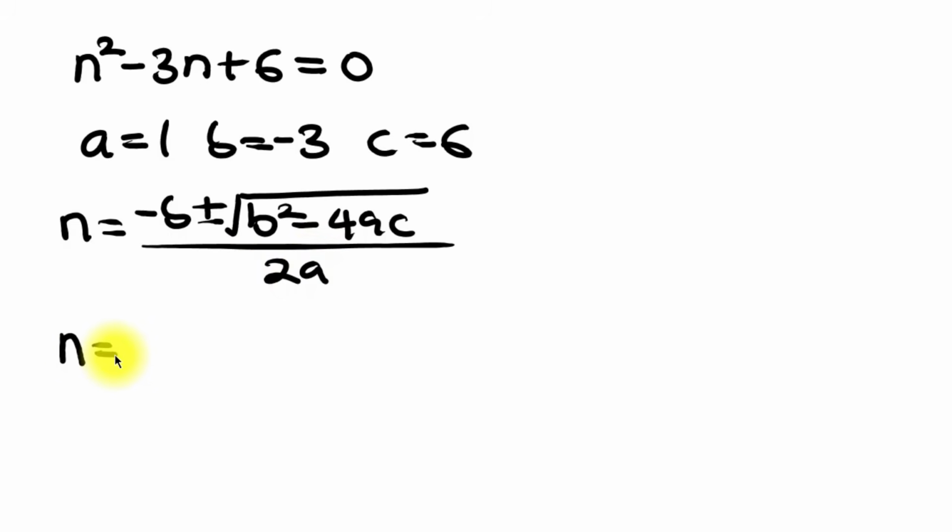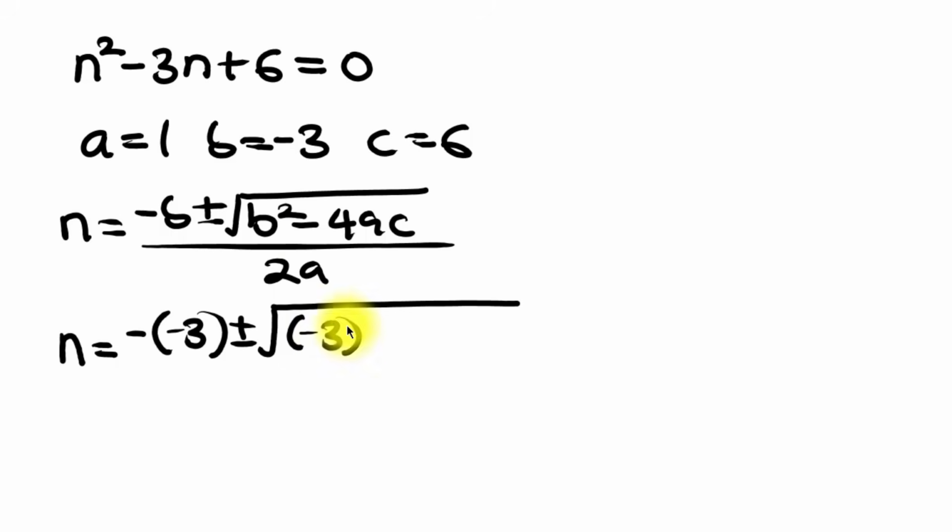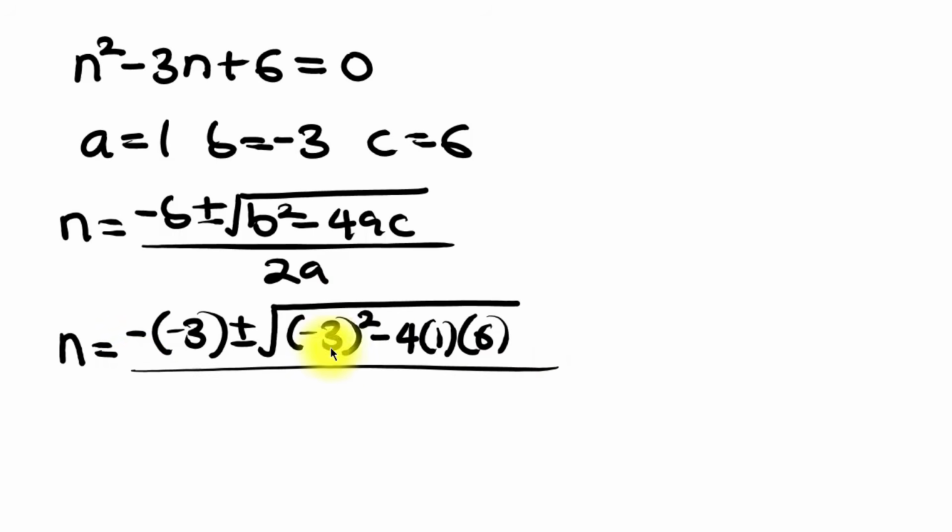So n will be negative b. b is negative 3, so negative 3 plus or minus square root of, remember b is negative 3, we have to square it here, minus 4 times a times c, all over 2 times a, that is 2 times 1.